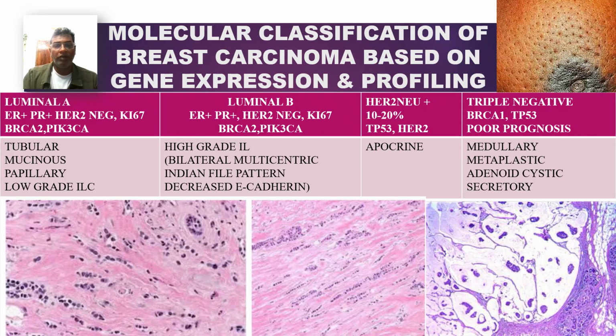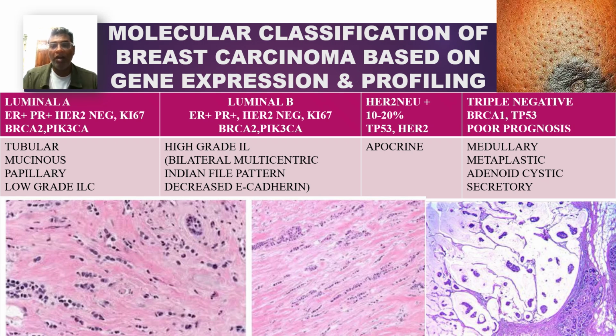When a patient comes with a classical history of a breast swelling, or there is a discharge from the nipple, or when there is a peau d'orange appearance of the breast, then it is characteristic of breast carcinomas.